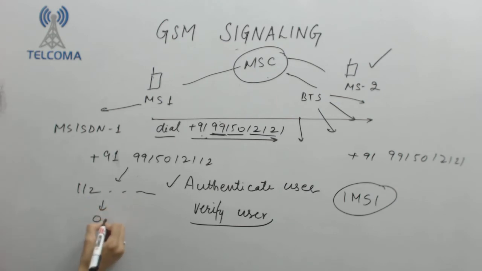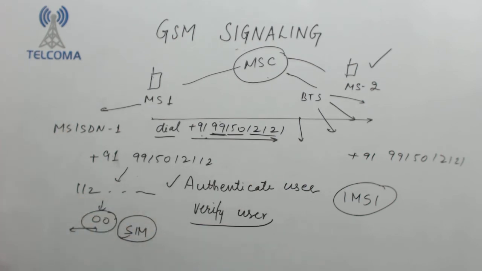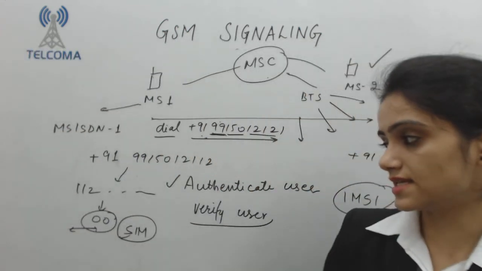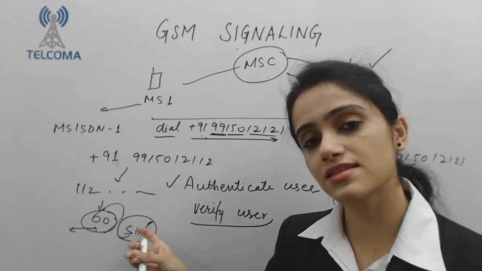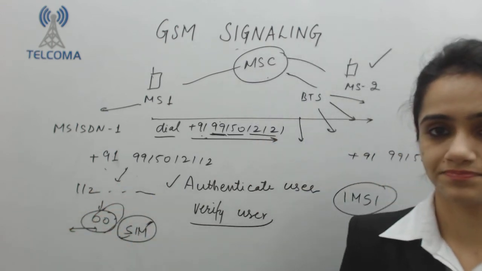So a code is given to this as well, and this code, that means security key, is saved in the SIM. Whenever MSC wants to authenticate, MSC requires this key, which is saved in the SIM, with the help of this saved IMSI number.